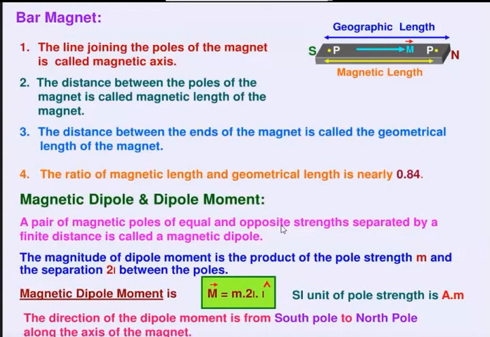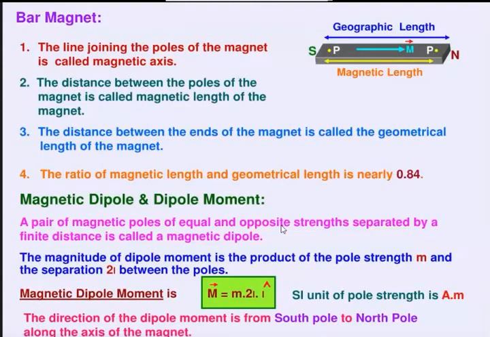Now we have to determine the magnitude of dipole moment. The magnitude of dipole moment of a magnetic dipole is equal to the product of pole strength, say M, and separation between the poles.